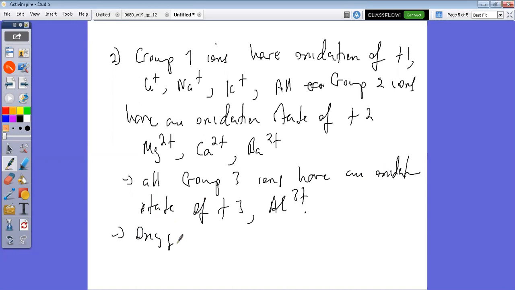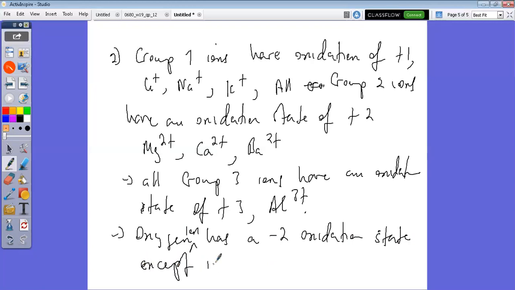Oxygen, this is important now. Oxygen has a minus 2 oxidation state. The oxygen ion, not the molecule, has an oxidation state of minus 2 because it's in group 6. There's an exception: hydrogen peroxide, which is H2O2.